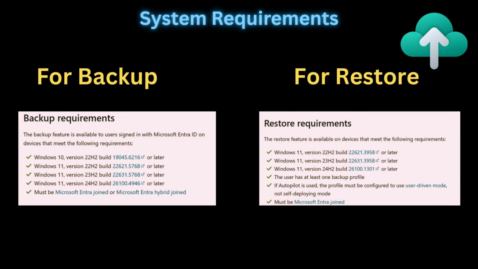The device build version is on or above what is mentioned in the screenshot, and the user must have at least one backup profile. If we are using Autopilot, the profile must be configured to use user-driven mode, not self-deploying mode, and the device join type must be Microsoft Entra join.